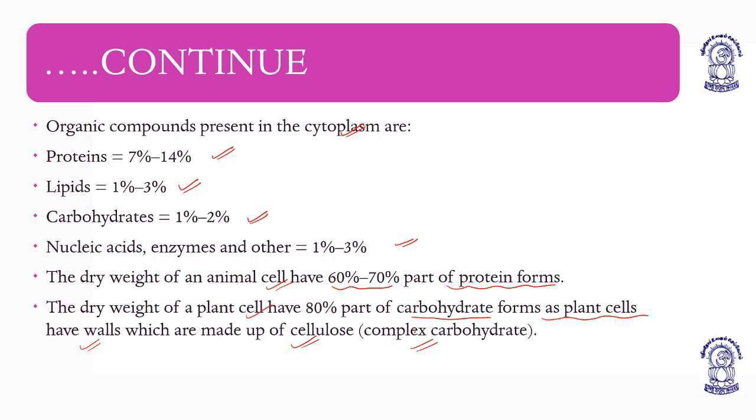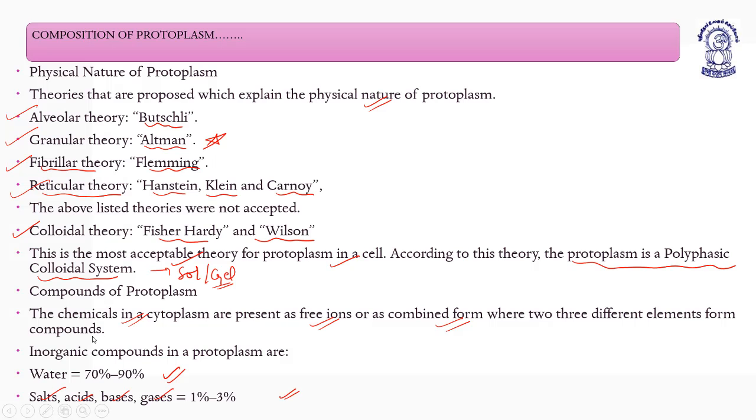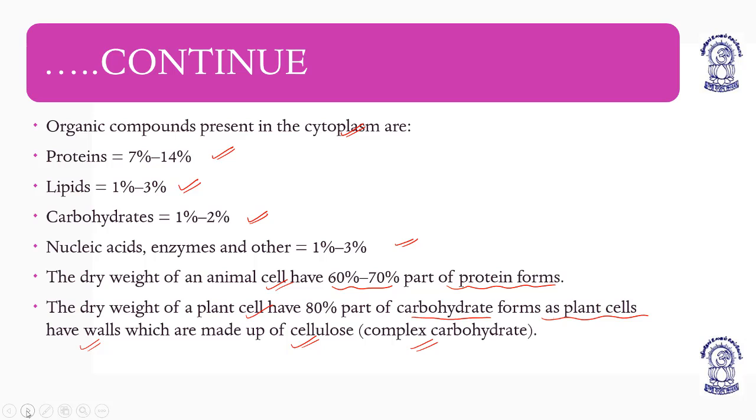Understood? Now the major composition is water 70 to 90% and then protein 7 to 14%, carbohydrates 1 to 2%, lipids 1 to 3%, nucleic acids, enzymes, and others 1 to 3%.